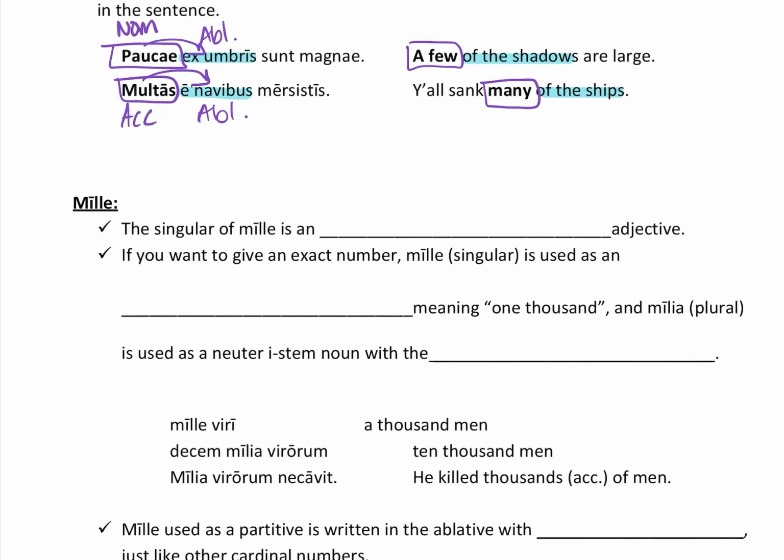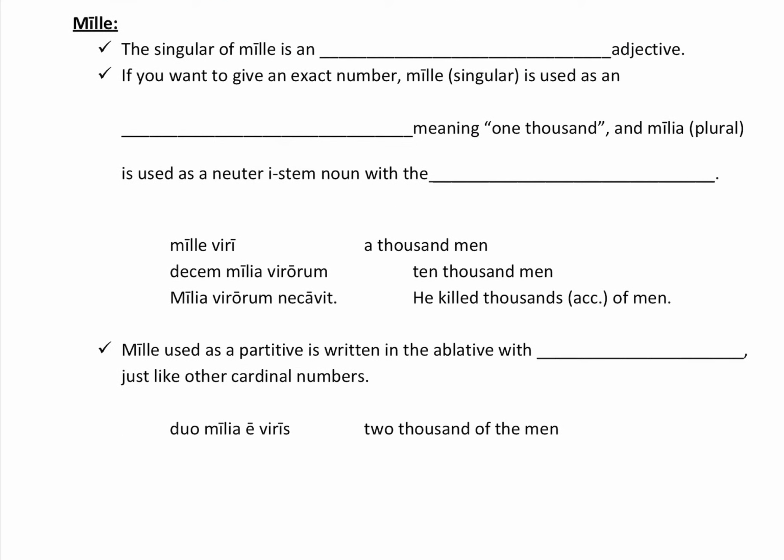Okay, mille. The singular of mille is, this is what I love, an indeclinable adjective. So mille is going to stay mille. Now, the singular, if you want an exact number, mille singular is used as an adjective, meaning 1,000.